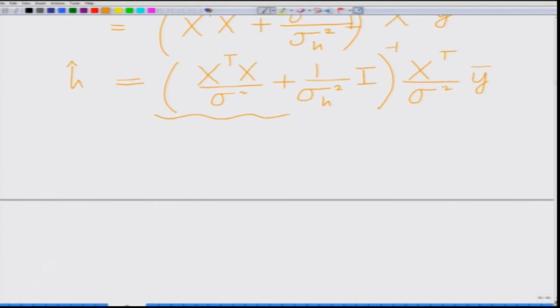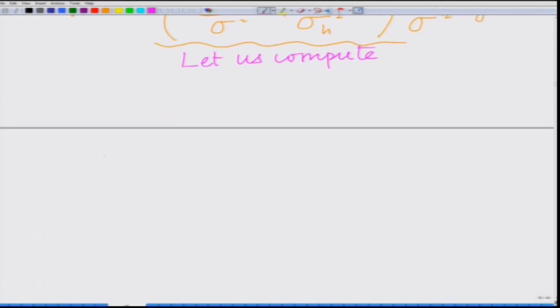Now, let us compute this matrix, x transpose x divided by sigma square plus 1 over sigma h square I, inverse. So, towards this, first let us start by computing x transpose x. We know x, that is the pilot matrix. So, x transpose x, simply take the transpose of x.